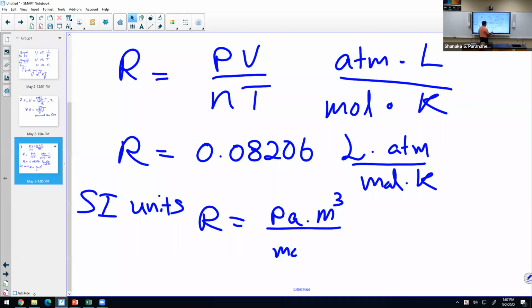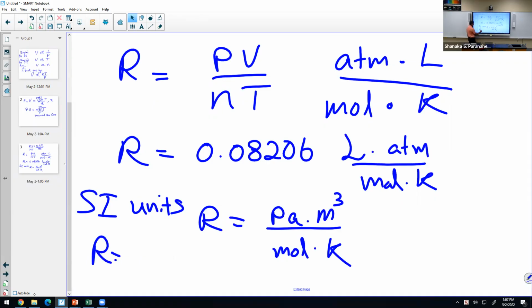Moles, same unit. Temperature, Kelvin. Now we can take our pressure in Pascal, volume in cubic meters, number of moles, and Kelvin temperature. If we pick those units in our calculation, this R value is going to be 8.314 Pascal cubic meters per mole per Kelvin.